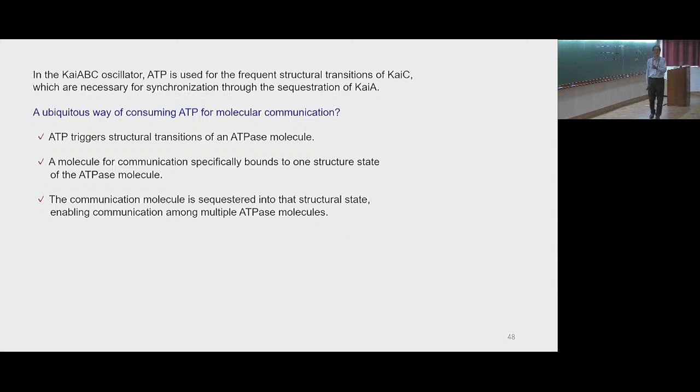We do not know whether this mechanism really exists in other systems or not, but my feeling is that it could not be so specific to certain molecular systems, and it would be good to explore the possibility of this mechanism in other molecular systems. Okay, so this is the story for the chi-ABC system, and I'd like to switch my talk to other topics later.